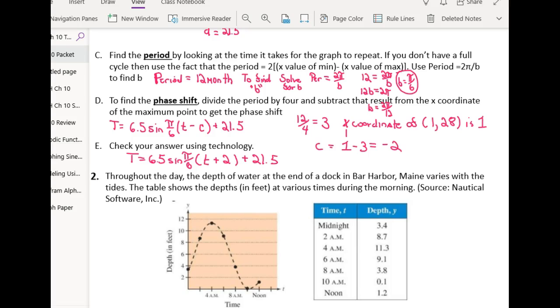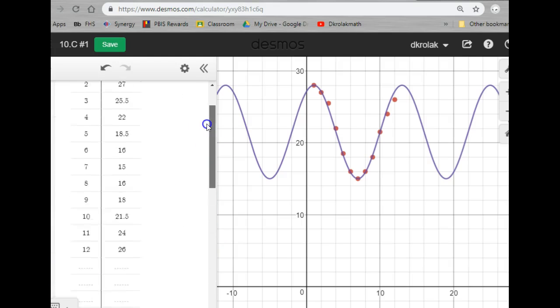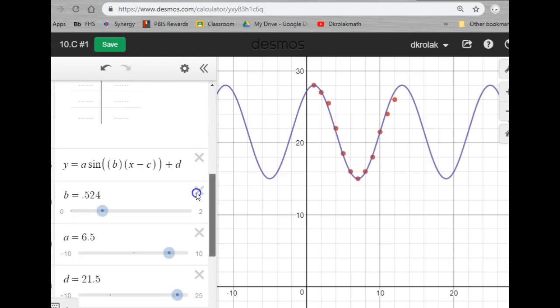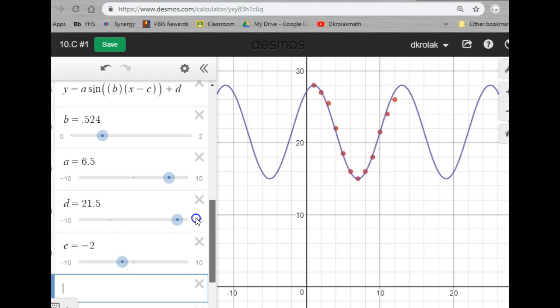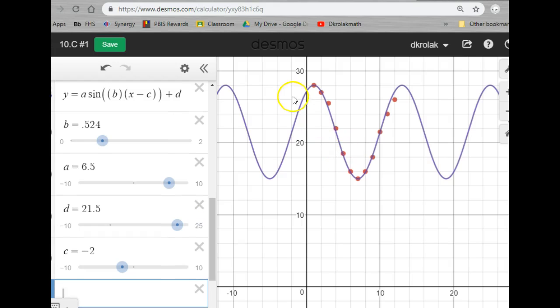Now let's see if it works. Let's pause here. Once we typed in those points, and then typed in what we got from our calculations, we're pretty spot on.